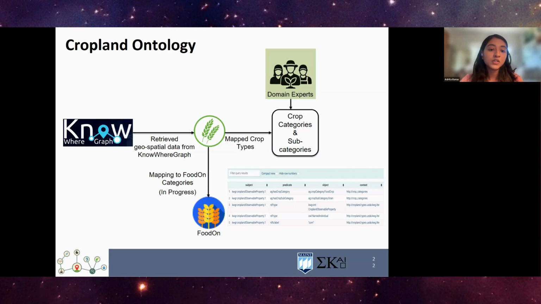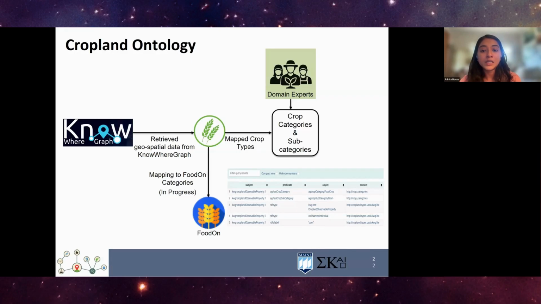We have integrated this geospatial data into our ontology, and further mapped these crop types to crop categories and subcategories with the help of our domain experts.